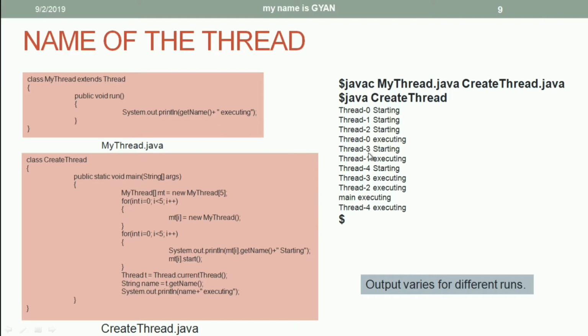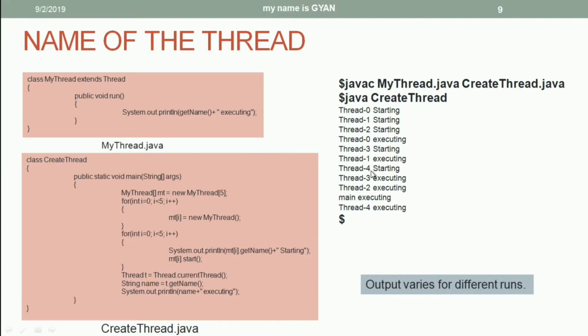After that, again it's printing thread 3 starting. That means again the thread main got the chance on the CPU. Thread 0 got preempted or finished its execution, and then the thread main got a chance on the CPU, which has started the new thread called thread 3. Then the thread main got preempted from the CPU, and thread 1 got the chance for execution.